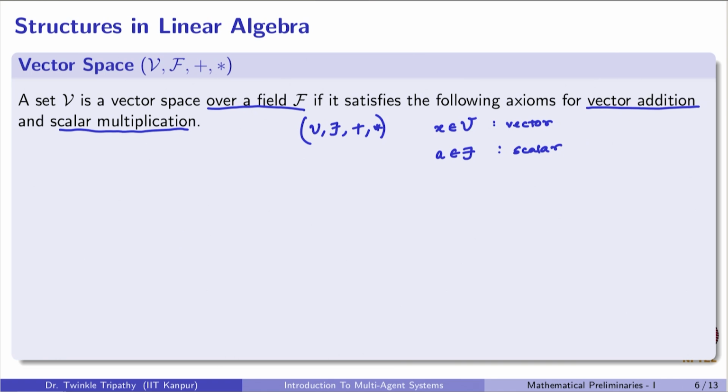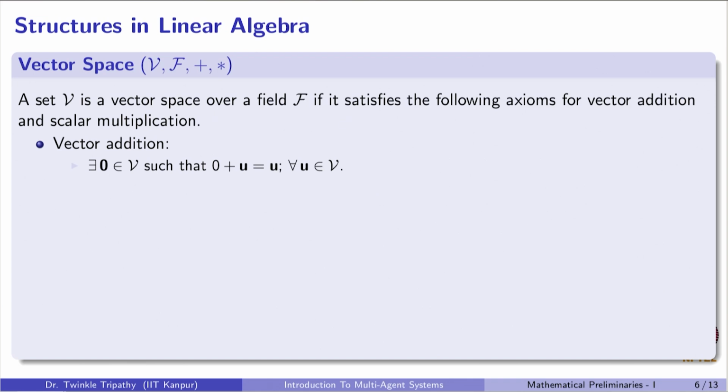Okay. So, now let us see what are the properties that vector addition and scalar multiplication has to satisfy. Now, the first property of vector addition is the existence of the additive identity 0. What does the additive identity do? Again, same thing that we have been talking about for the scalars, which is u when added with the additive identity gives me back u itself, and this should hold for every element in the vector space.